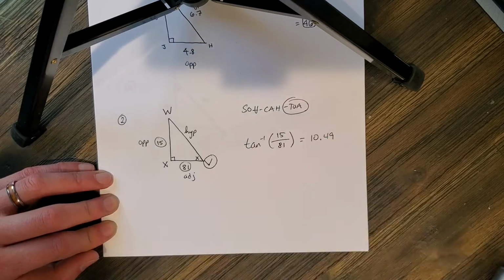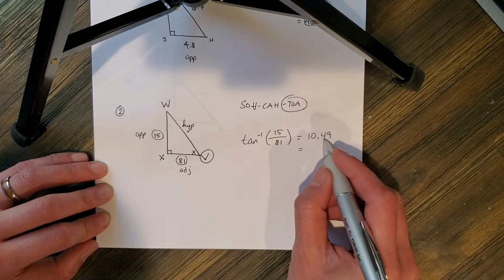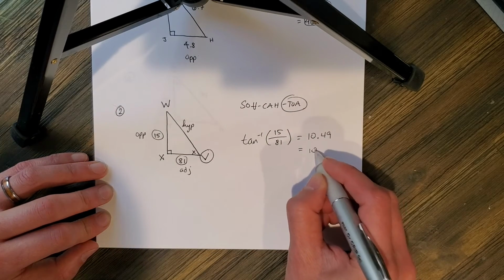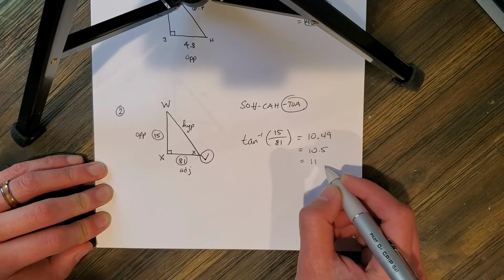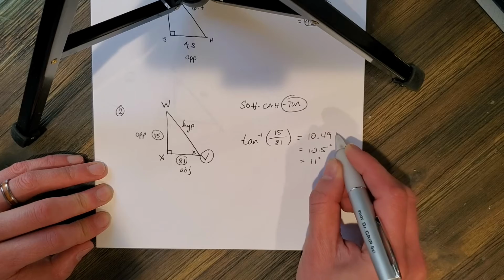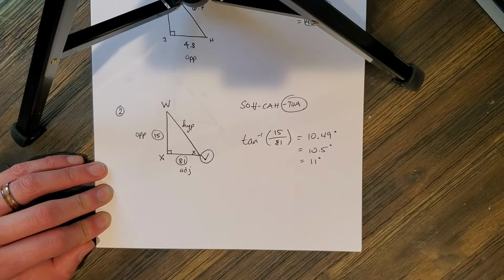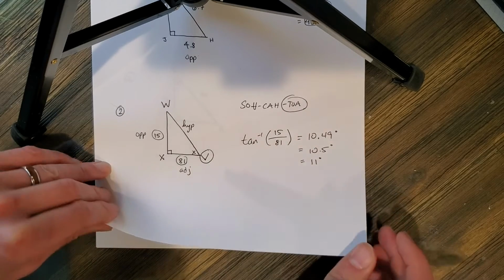Remember, Delta Math may ask you to round to the nearest tenth, so that would be 10.5, or if it asks you to round to the nearest degree, it would be 11 degrees. Either of these two would be appropriate depending on what they ask you.